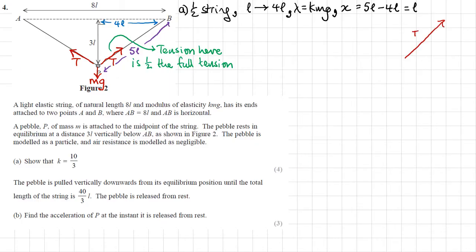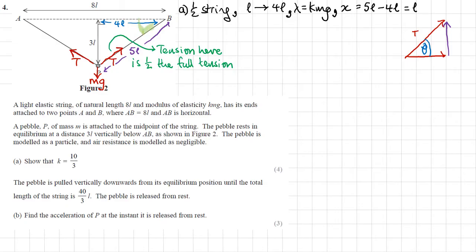Now here's another picture of the tension here, because I want to know the component of the tension that's acting up here. So that purple arrow is the one that I want for my working. Now this angle that I'm calling theta is the same angle that's given on the diagram here.